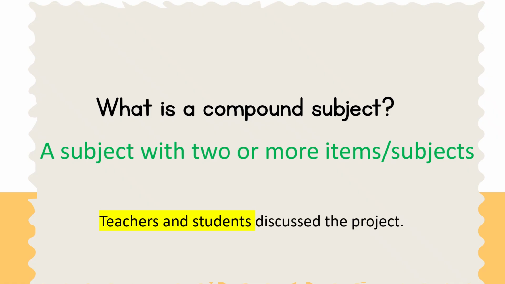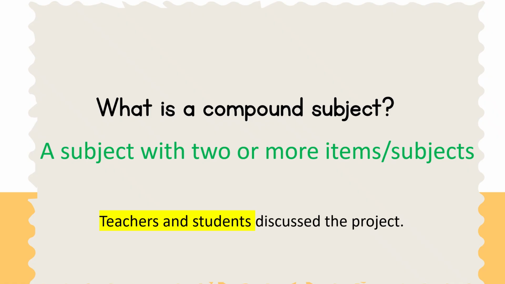Let's see this example. Teachers and students discussed the project. In this sentence, teachers and students is the compound subject. Teachers, you can regard it as one mini subject.